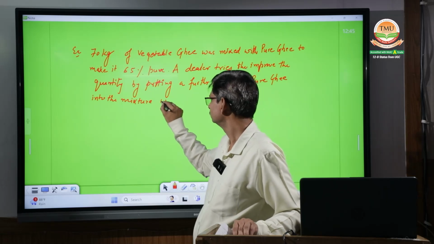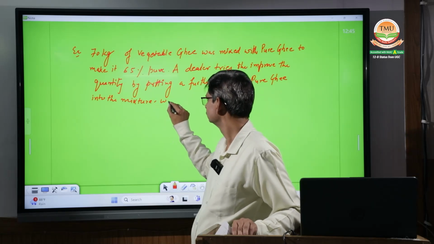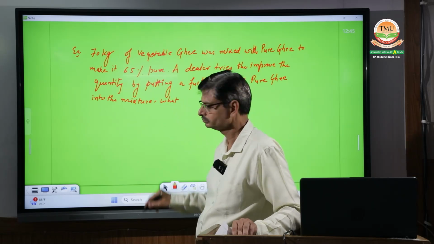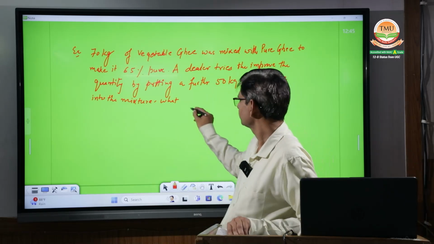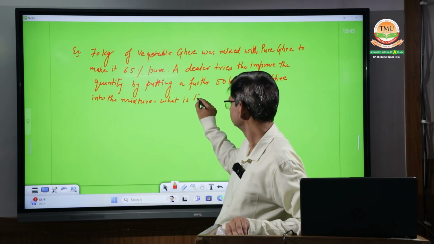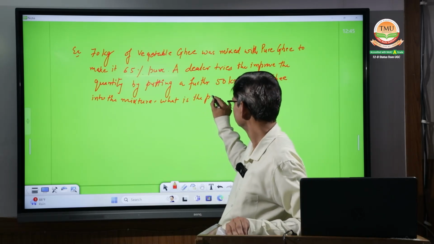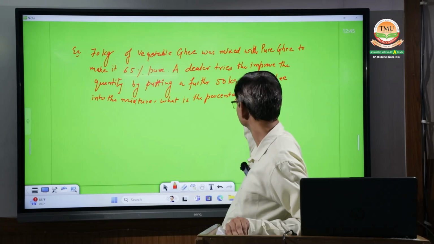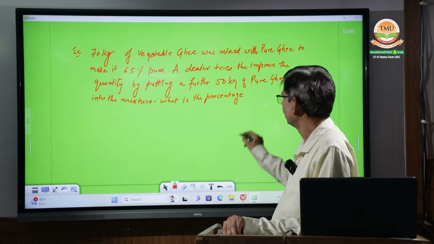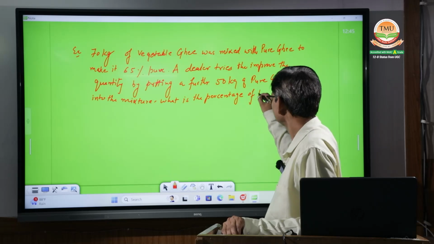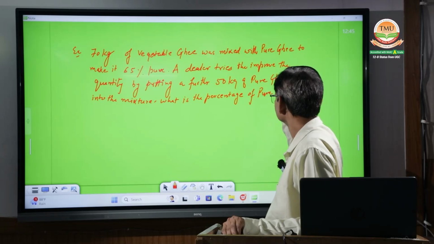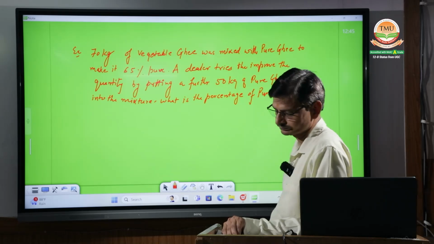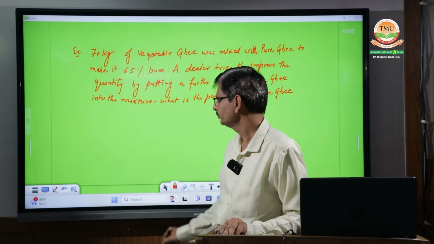What is the percentage of pure ghee in the new mixture?